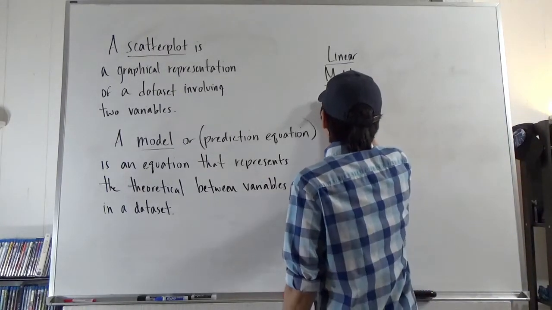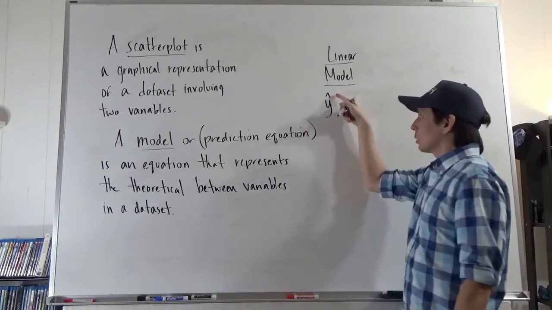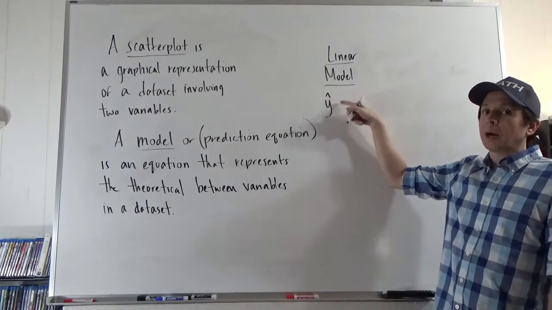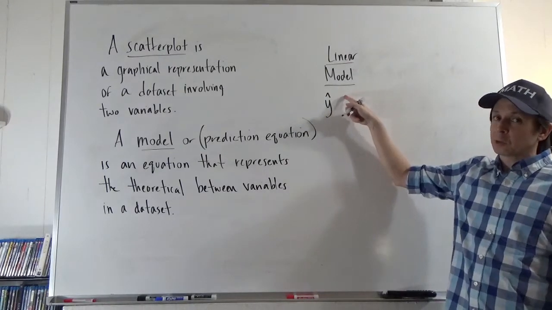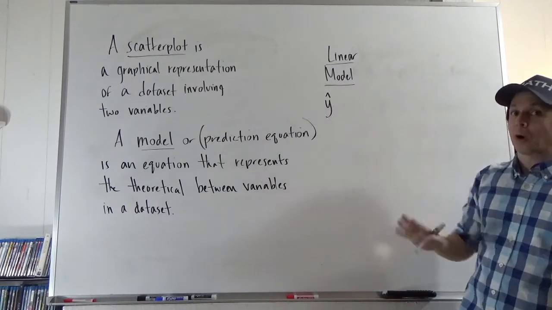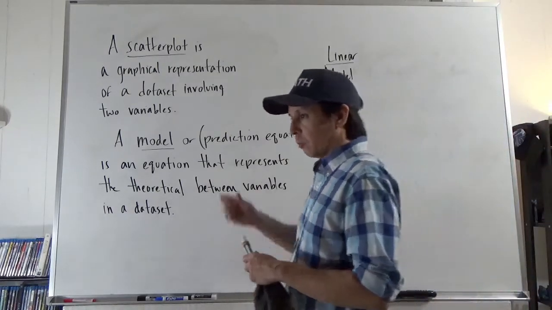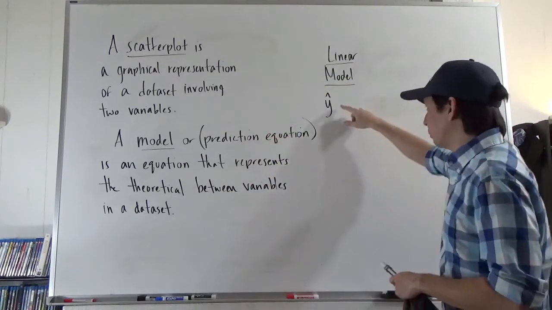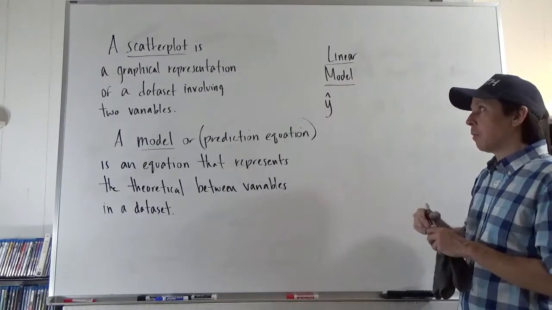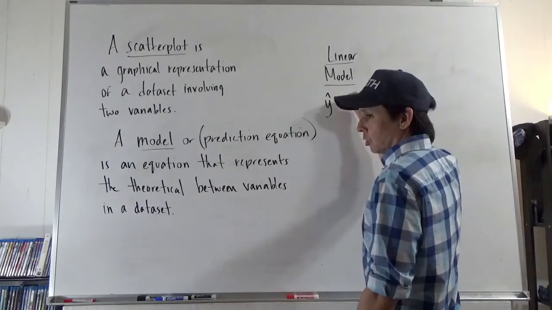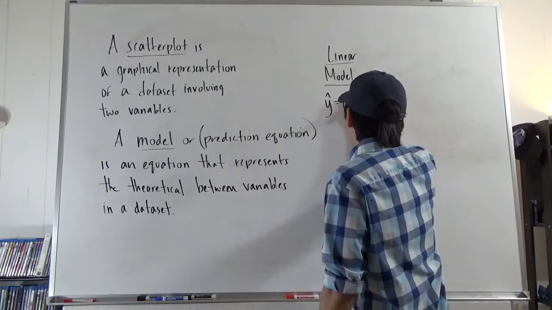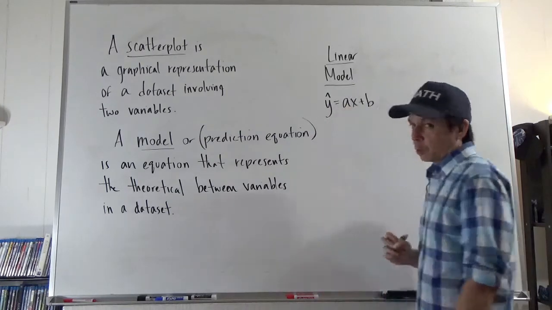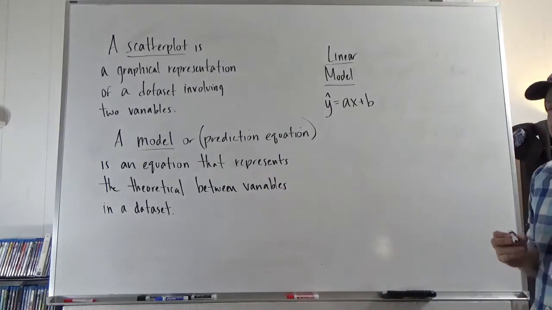And I'll write the form of it here. I'm going to put a little hat on the y, so I'm going to refer to that as y hat. That'll be a distinction between y hat and y, so I'll just talk about the distinction later. But for now, just be aware that I am making a little hat on my y's. For my models, y hat is equal to ax plus b, that form that we saw before, and that's an example of a linear model.